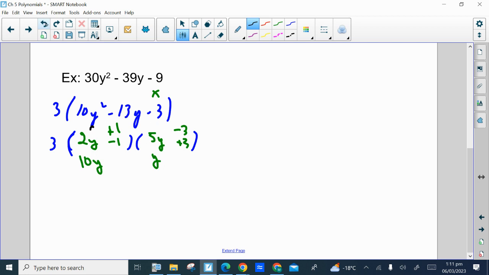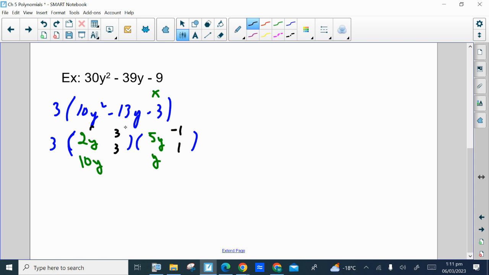And like I said before, if these don't work, we'll switch them around where we have a 3 in the first bracket and a 1 in the second bracket. So let's try that. A 3 in the first, a 1 in the second. The only thing that might change is the sign.